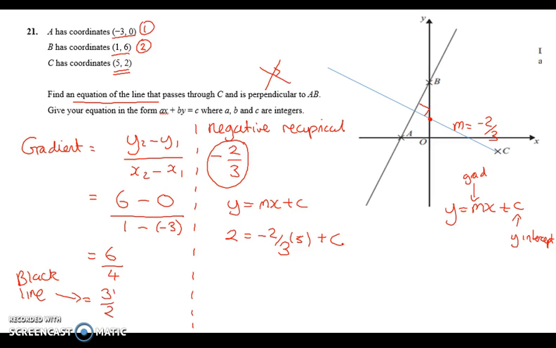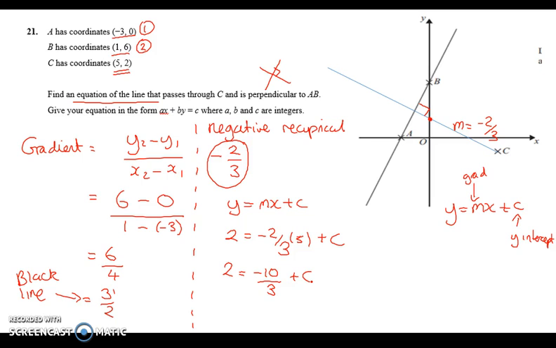So let's try and work this out. I don't really like to have all of this business together, so let's work this out first. When you times a fraction, you only ever times the top. So minus 2/3 times 5, we just need to do minus 2 times 5. So 2 equals minus 10, but that's still over 3, plus c.